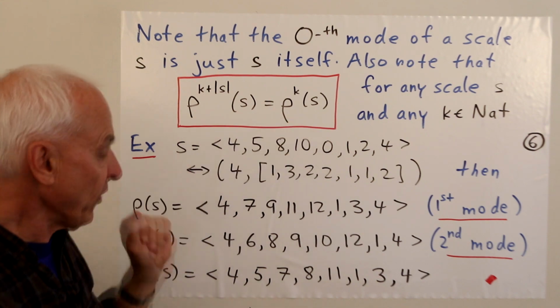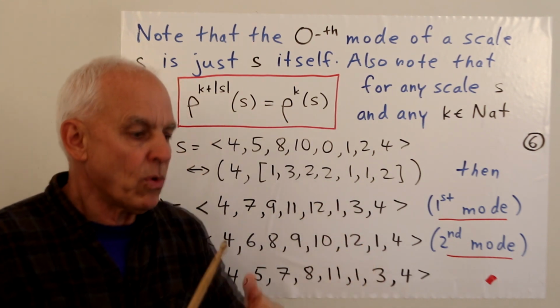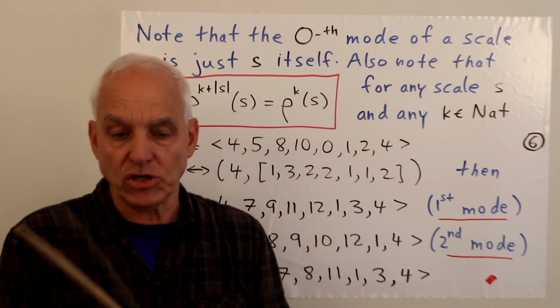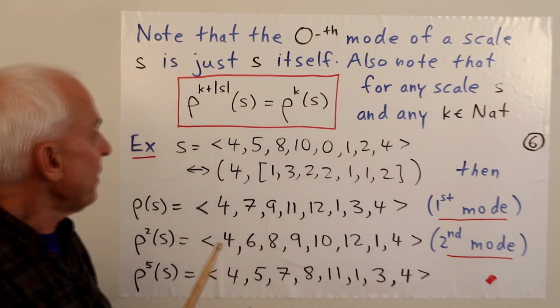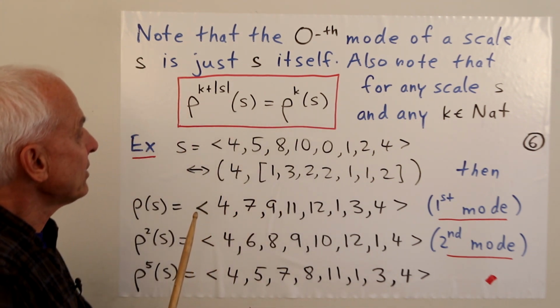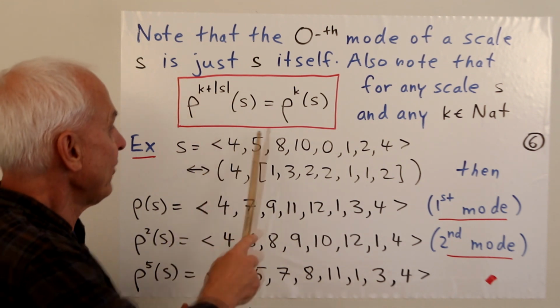Another somewhat more sophisticated idea is the following: we can encode what kind of cyclical rule is associated to a general scale. The rule is that if we have a general scale S, then rho to the k plus size of S is equal to rho to the k.